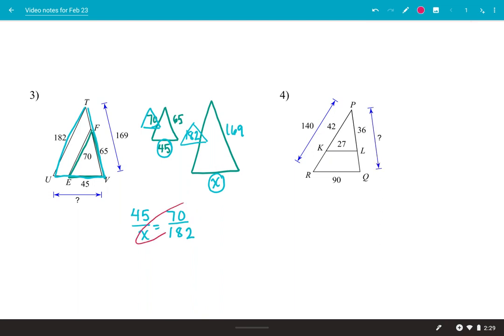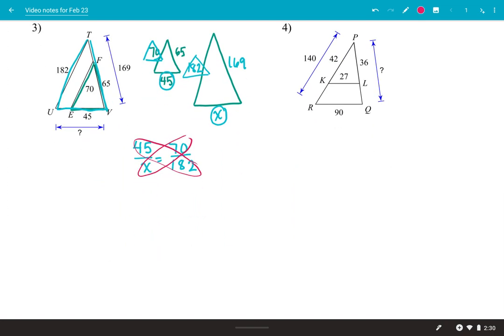We're going to cross multiply, and then you are going to solve it. Then we're going to put it in the calculator, and we divide. We get this to be 117.